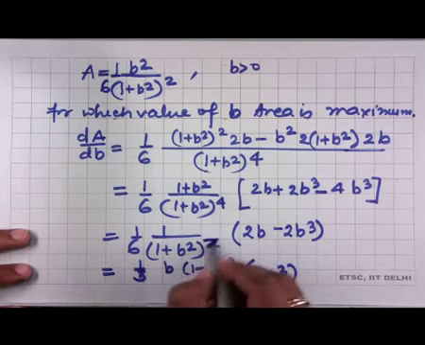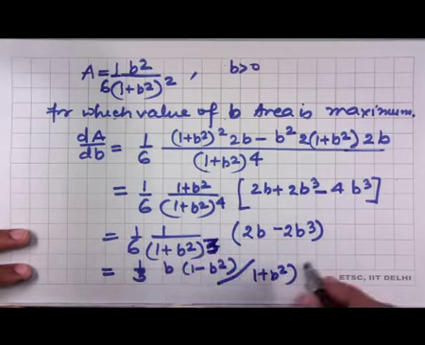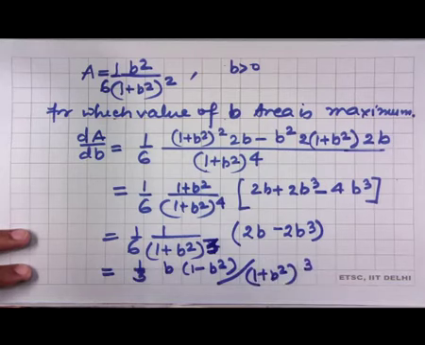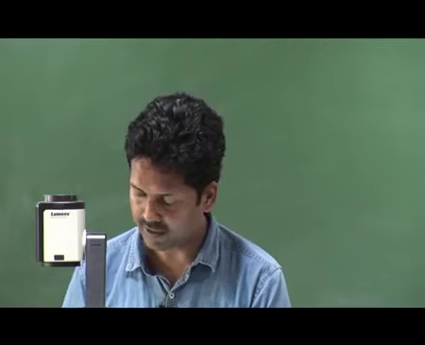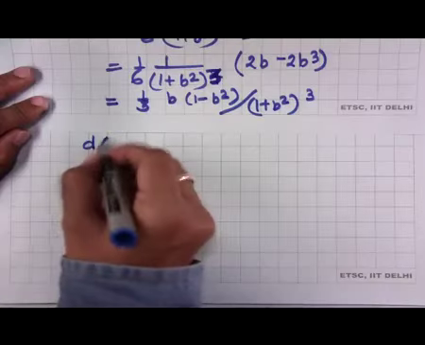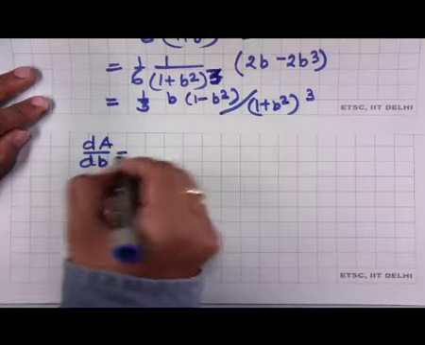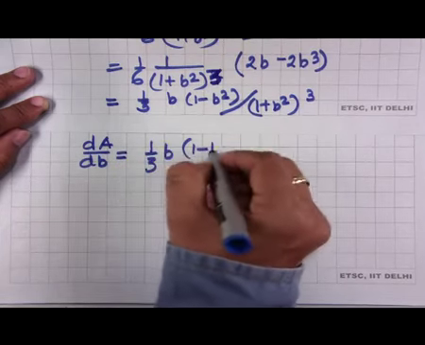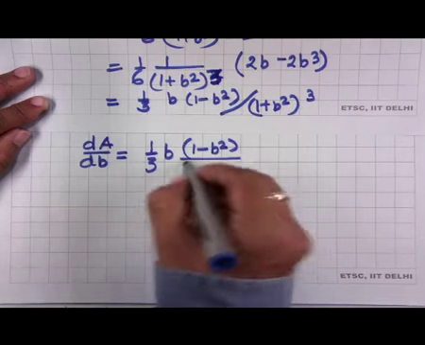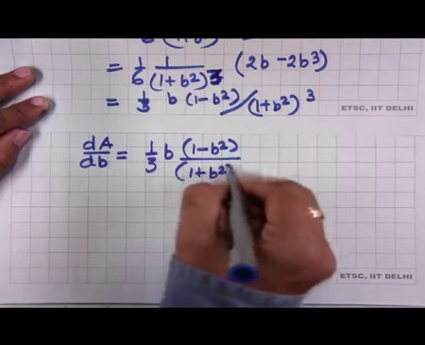This is cancelled, it is cubic, not 4. So we have got dA by dB as 1 by 3 b into 1 minus b square on 1 plus b square cubic.